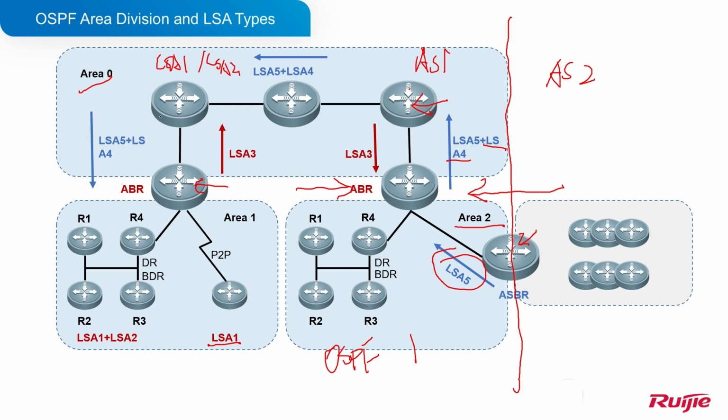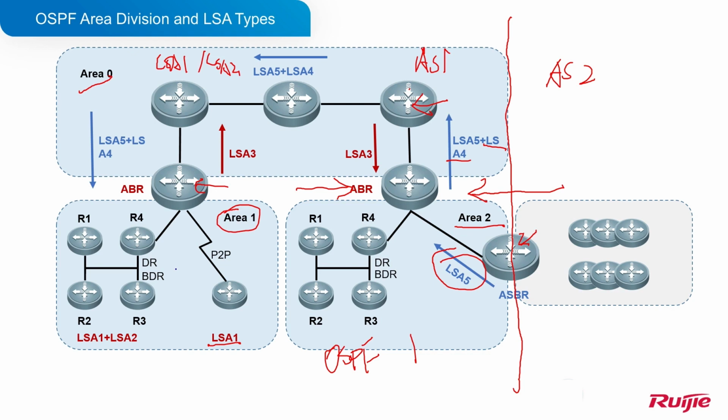And then the backbone area also has to transmit the LSA 4 and the LSA 5 information to another non-backbone area, so that every router belonging to a different area can know the external network and can access the network.